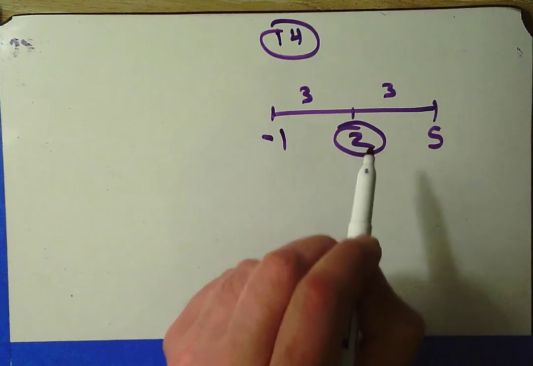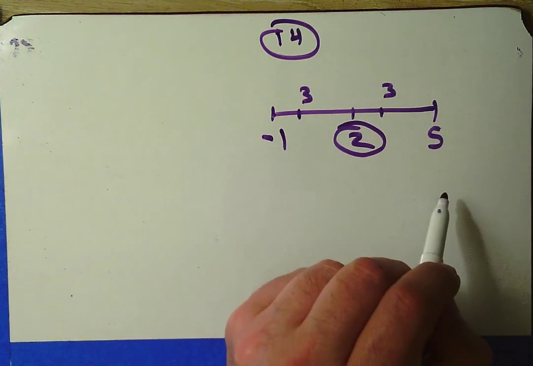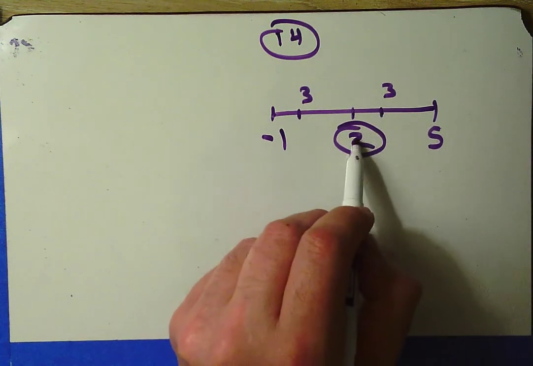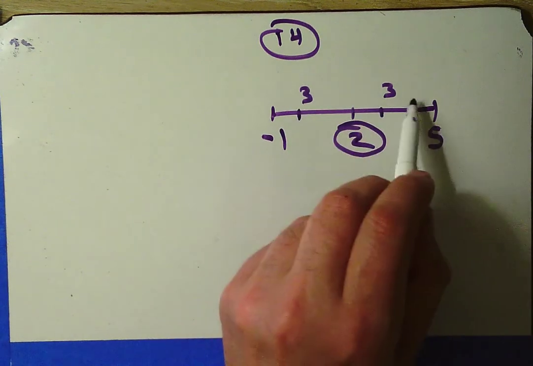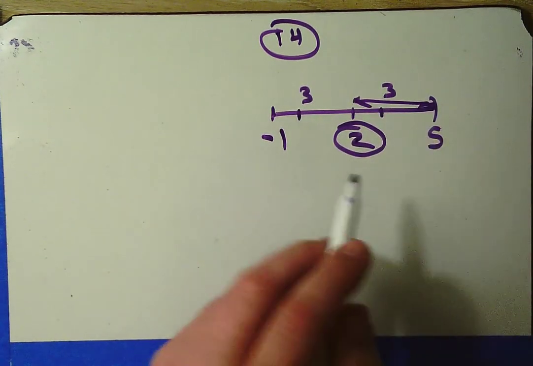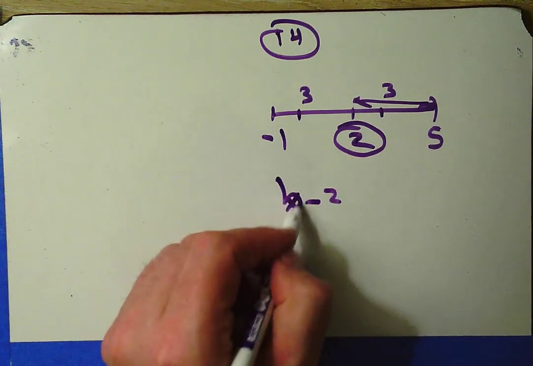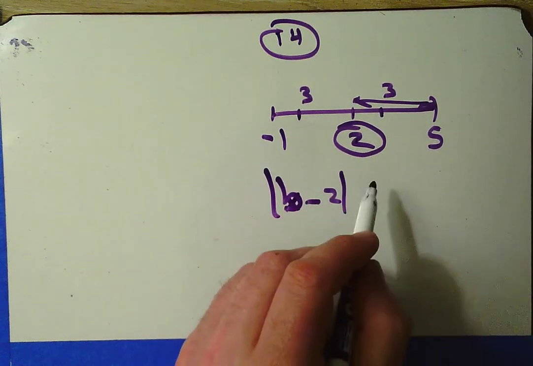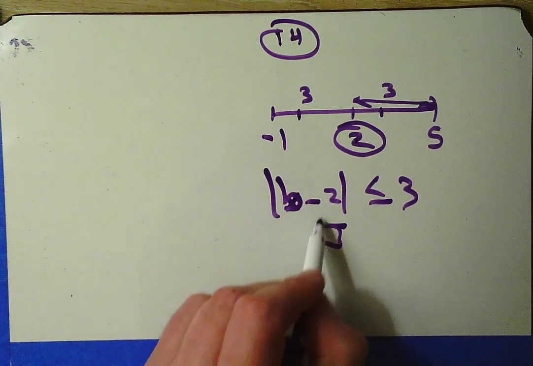The distance from any number, a number over here or a number over here, that distance between 2 and that number, has got to be less than or equal to this total distance of 3. So I'm going to write x minus 2, or in this case they said b minus 2, is less than or equal to 3. This corresponds to choice J.